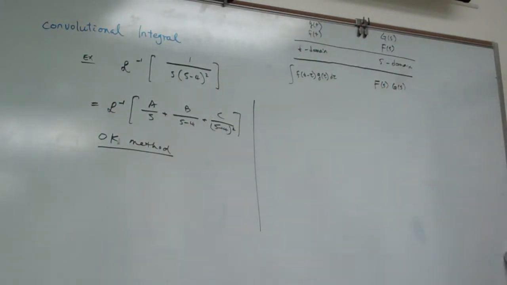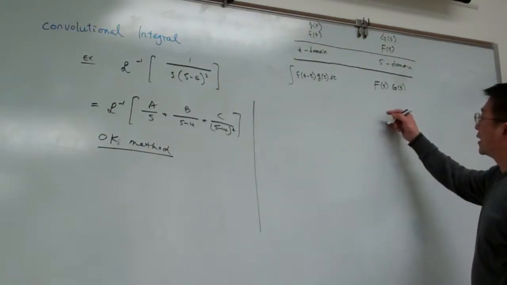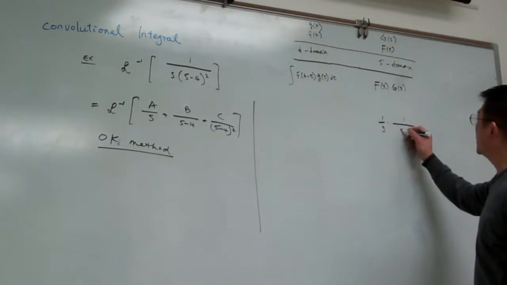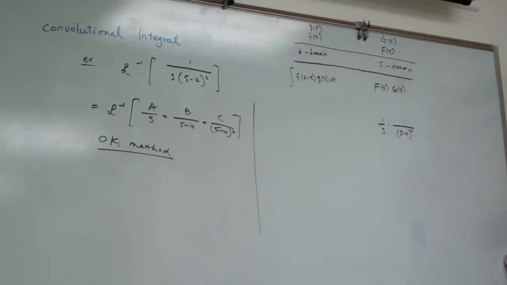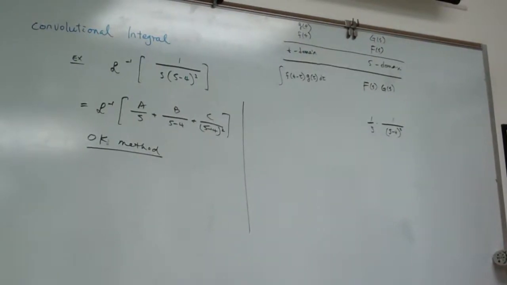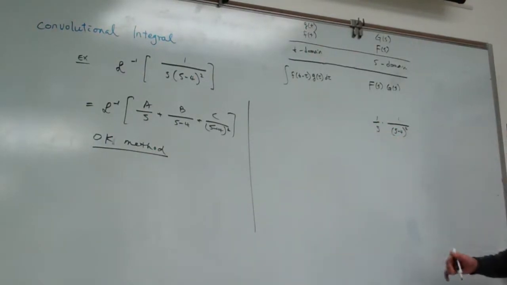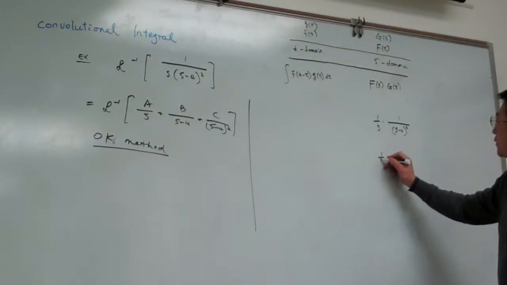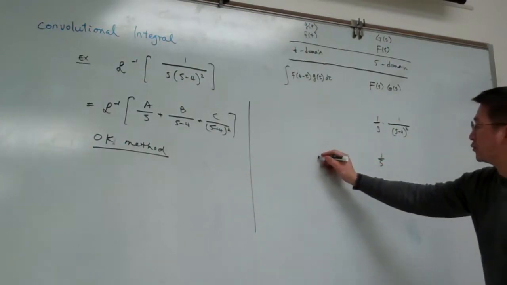And on the other side, I want to demonstrate to you using this technique. So maybe you can visualize the two functions basically as equal to 1 over s multiplied with 1 over (s minus 4) squared. So here we try to utilize the convolutional integral to see how we can solve for this. To recognize that it's a multiplication of the two things, here we simply do a little bit of rearrangement. So for 1 over s, we know that the corresponding f(t) in the time domain is equal to 1.